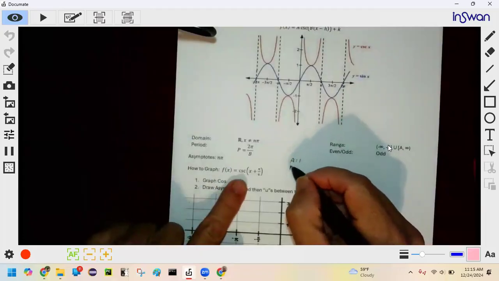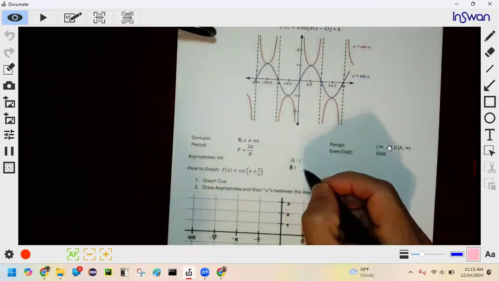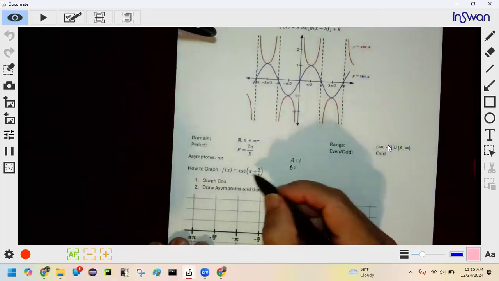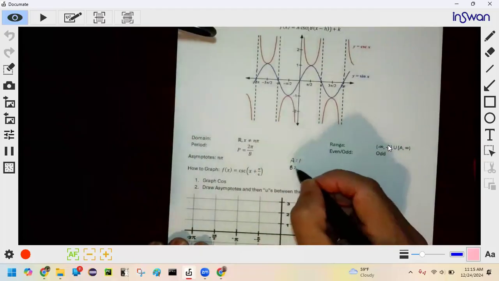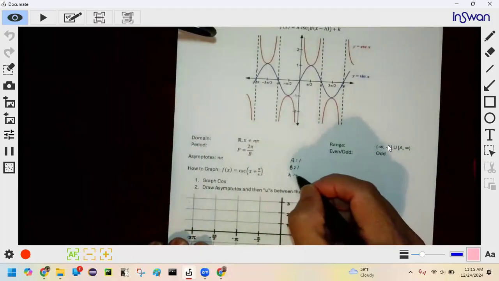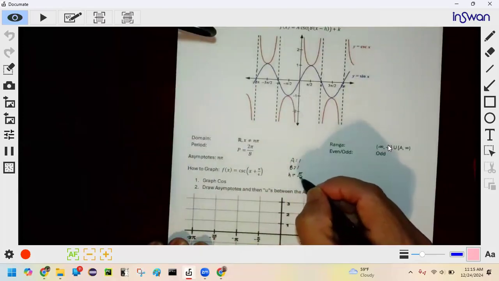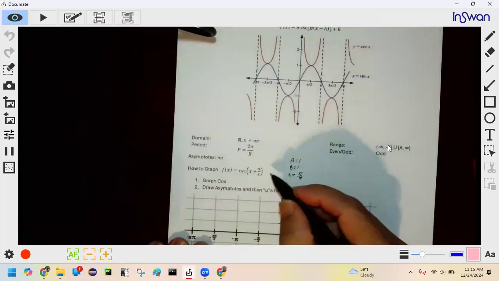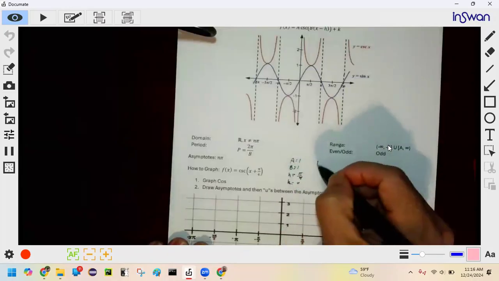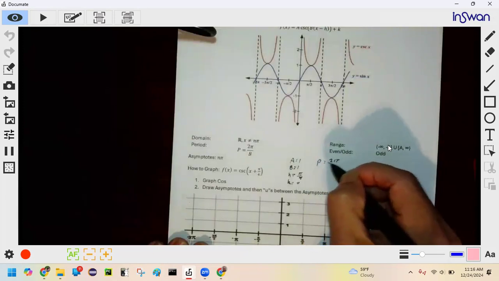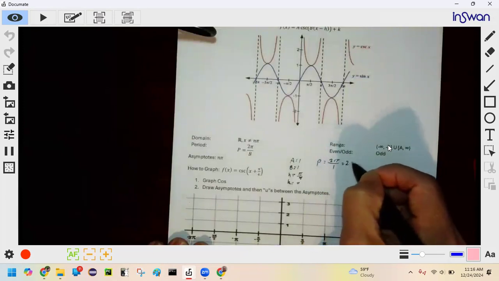B is just 1. My H is going to be pi over 4. My K is going to be 0. The period is 2 pi over B, so it's just 2 pi right there.